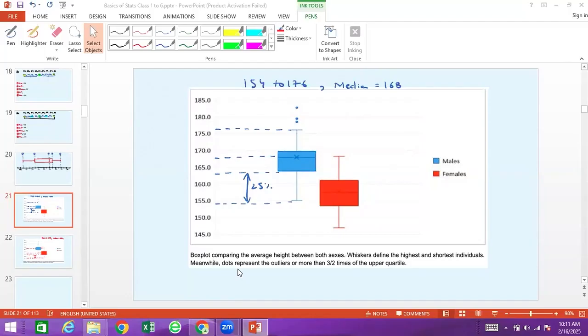Now the definition that these guys have used over here: anyone who is more than 1.5 times the interquartile range. Let's say this is Q3. They are saying that any value which is greater than Q3 plus 1.5 times IQR, that is the interquartile range, this is IQR.